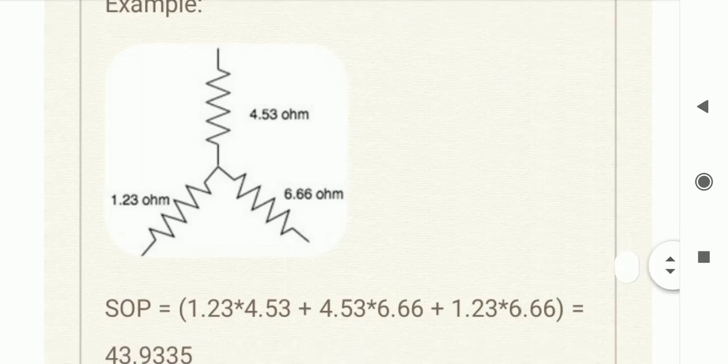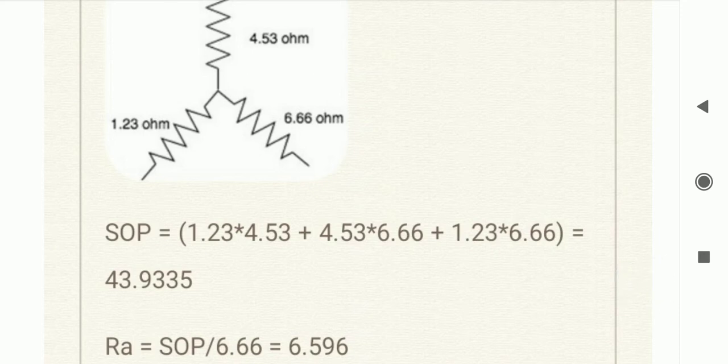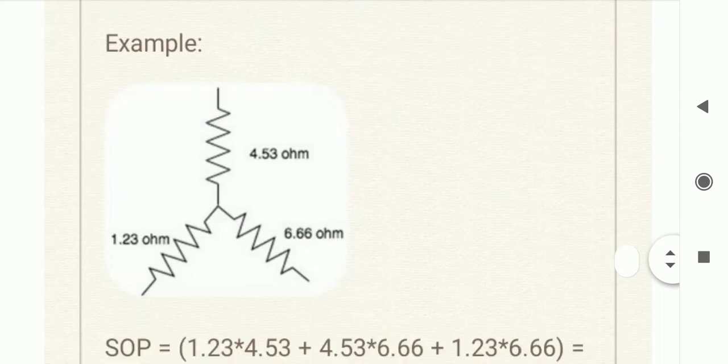You can see below that I have found the SOP of it, taking the corresponding resistances and taking their product and then adding them: 1.23 into 4.53 plus 4.53 into 6.66 plus 1.23 into 6.66, and hence the result is 43.9335. So this is how you calculate the SOP of a given star network.